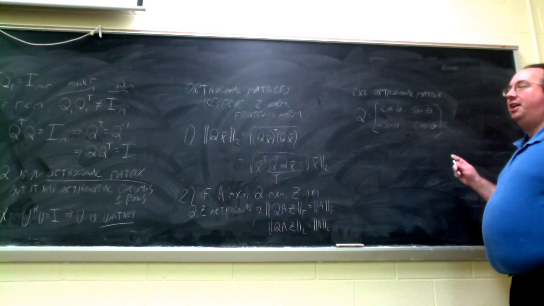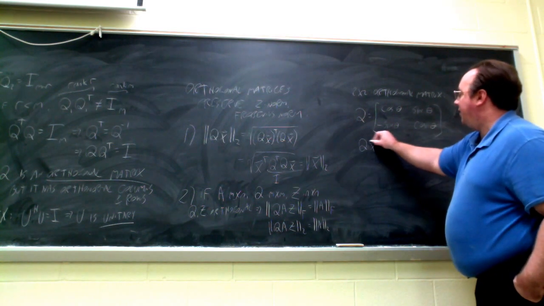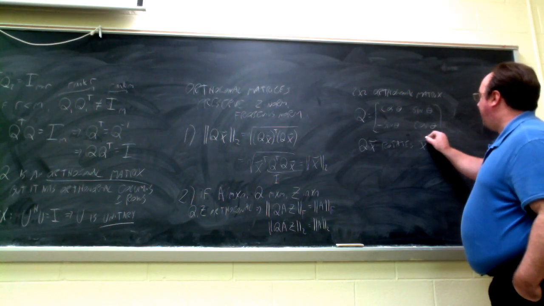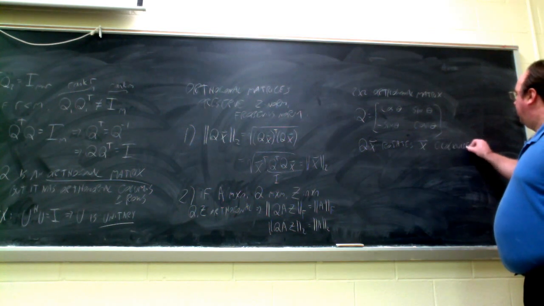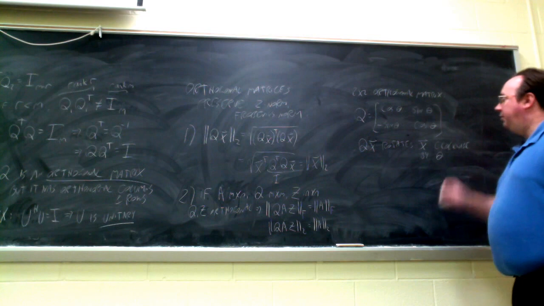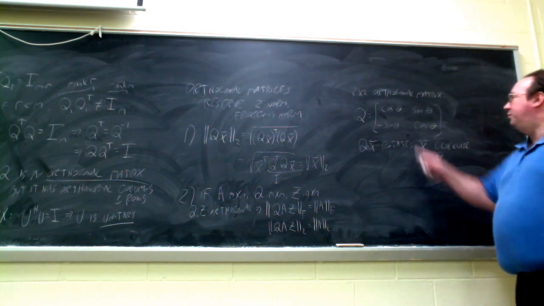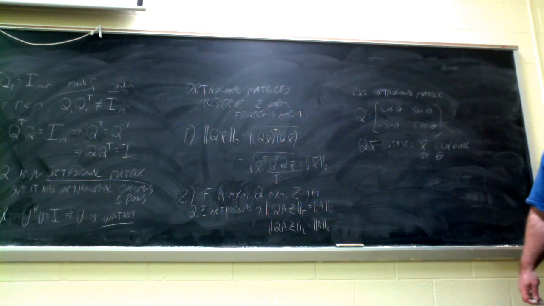What this matrix does, when you multiply it by a vector, Qx, is rotate x clockwise through the angle theta. And if I take the inverse, well, the inverse is just the transpose. So all that would do is move the minus up here, and that would be a counterclockwise rotation by theta.